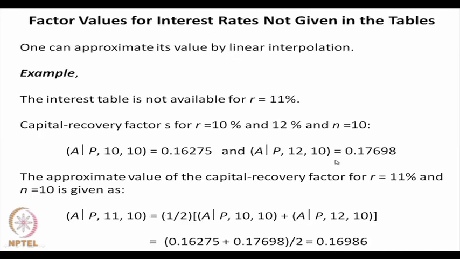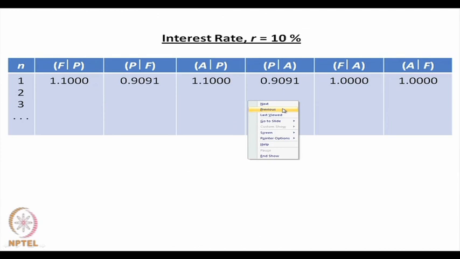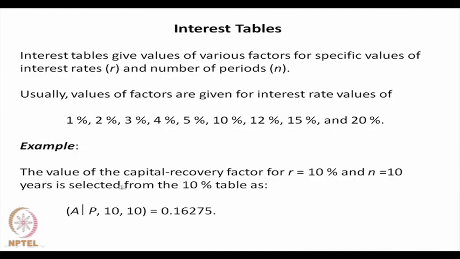Therefore, one can straight away take the values from the interest tables provided they are available. For example, the capital recovery factor for r equal to 10% and n equal to 10 years. What we have to do?